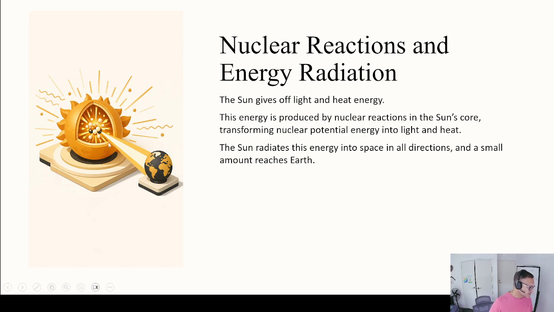Then the sun radiates this energy. In space we know it's mostly vacuum, right? So there is no matter with which this energy comes to earth. It's basically radiated. We learned about conduction, convection, radiation in the previous class. So the sun radiates this energy into space in all directions, and a small amount reaches earth. So you can see one energy transfer happen in this case using radiation.